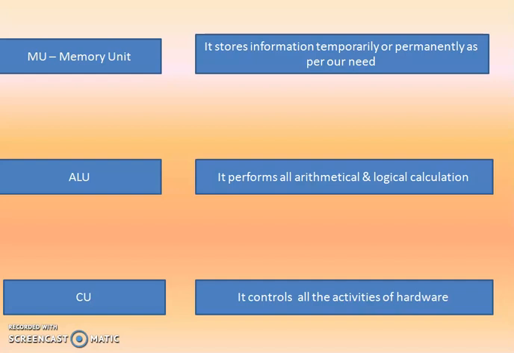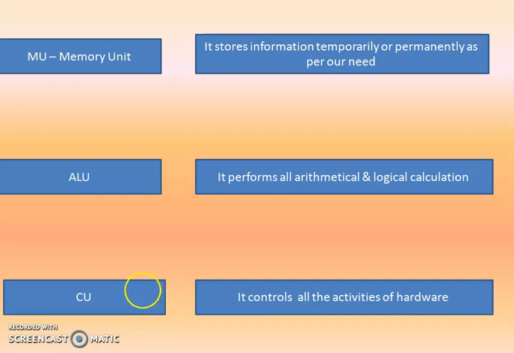So the control unit is the most important part of the CPU among all three, right? This is all the work of the CPU we have seen. Today we have seen the processing unit, which was the CPU, meaning central processing unit.